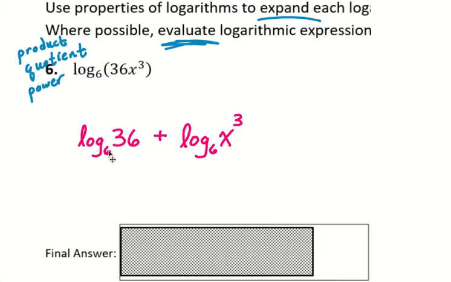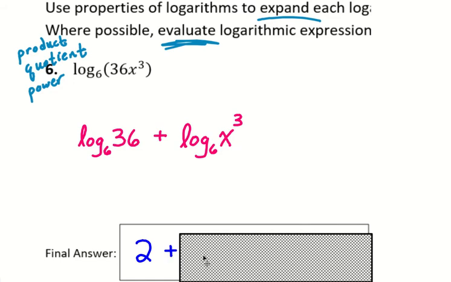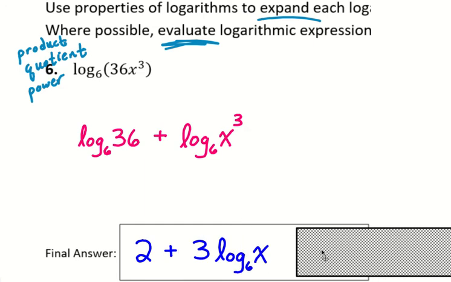Like 6 to what power is 36? 2. So 2 plus, and then what did we still have to do here? We still needed to apply the power rule from left to right, which means bringing the power down in front. And that would be our final answer.